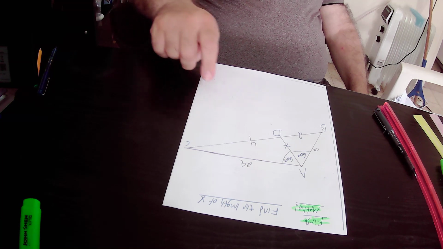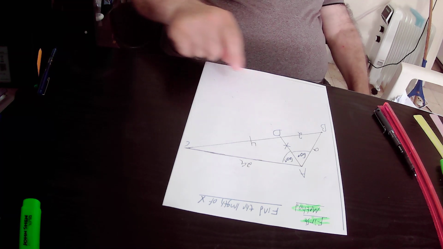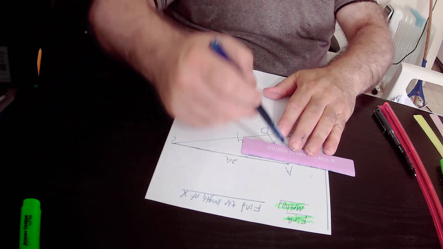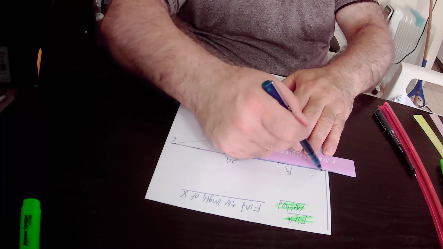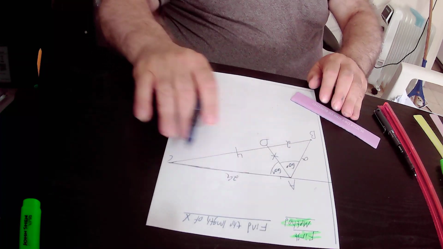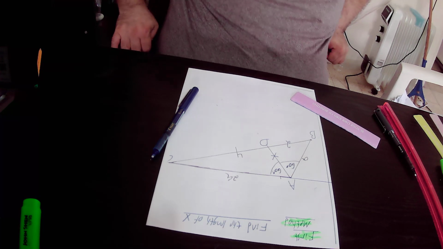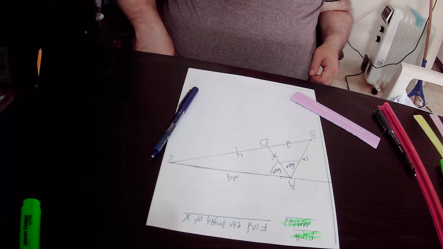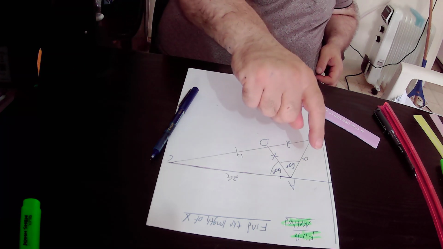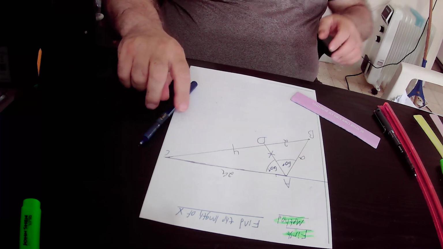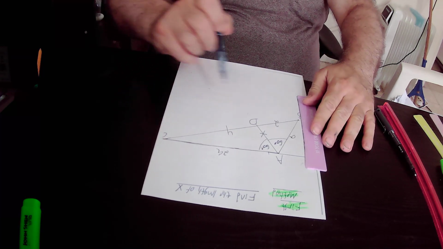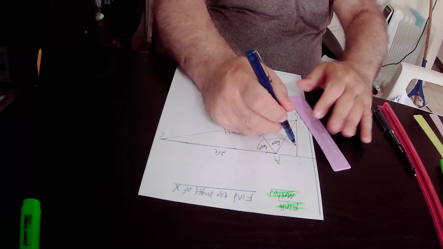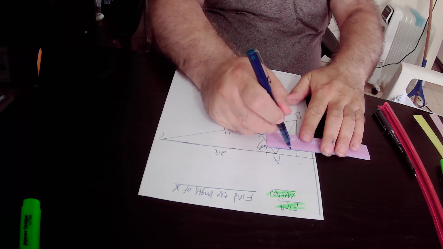We will extend side CA by a straight line, and then from point B, we will raise a perpendicular to the extended CA. So this angle equals 90 degrees according to our construction.